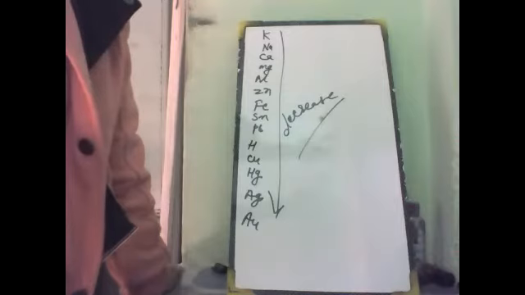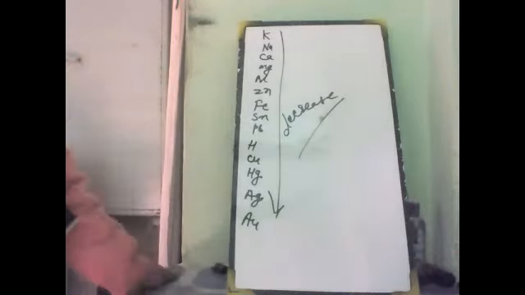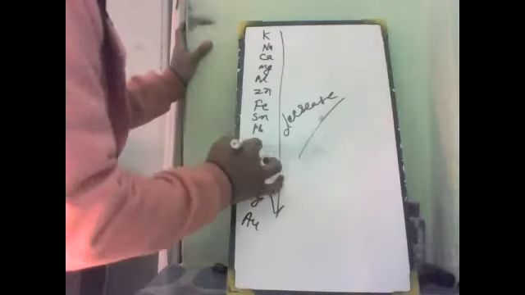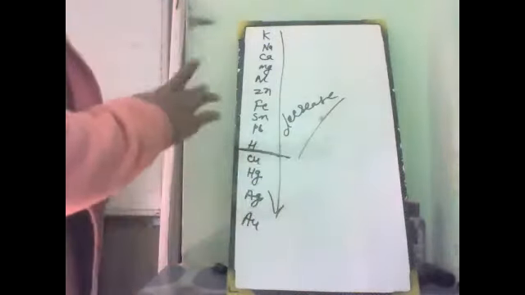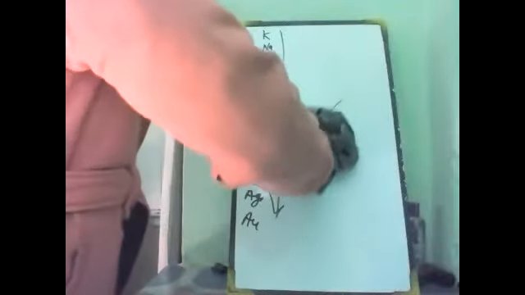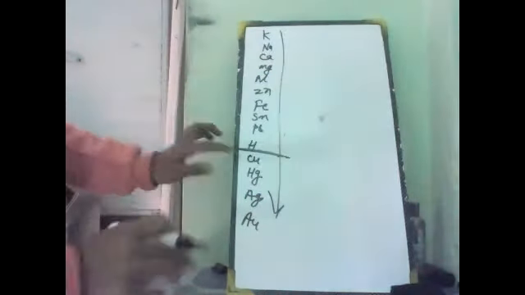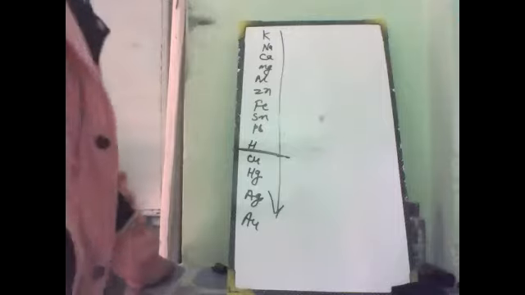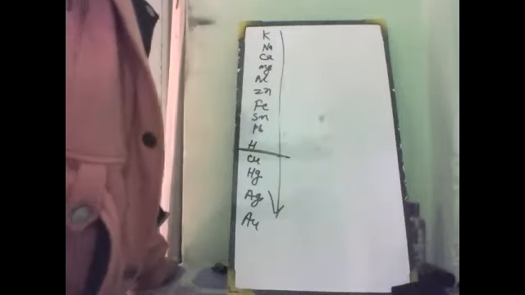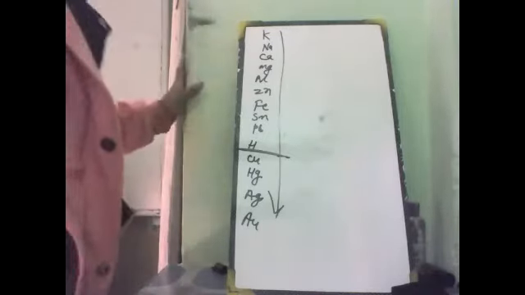The metals below hydrogen do not react and do not show displacement reaction. Iron and hydrogen take place here, and below hydrogen, it means copper, mercury, silver and gold, they do not show displacement.